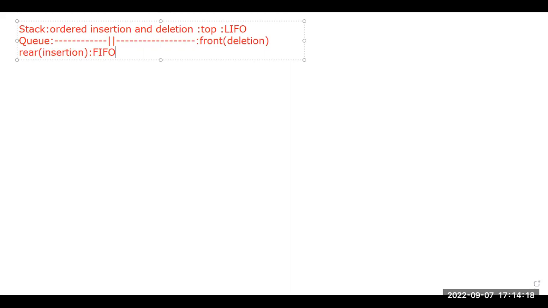Sir, can you give some example for stack and queue? In the previous class, I gave you an example of books stored in a carton box. Whatever is at the top, only that book you can remove. That we call a stack of books. In a similar way, in a queue, assume you are standing in a queue to get a movie ticket.